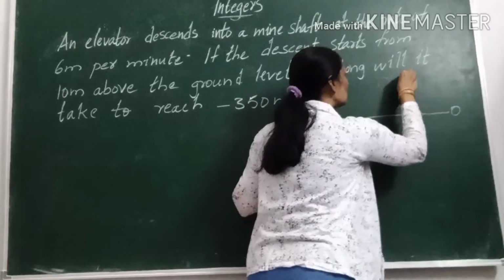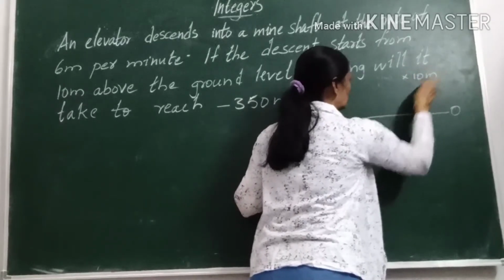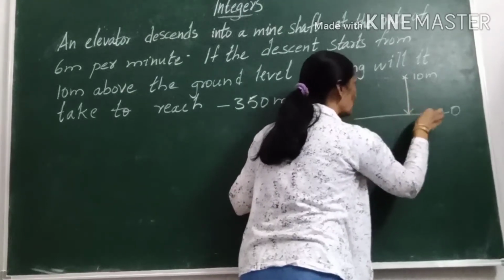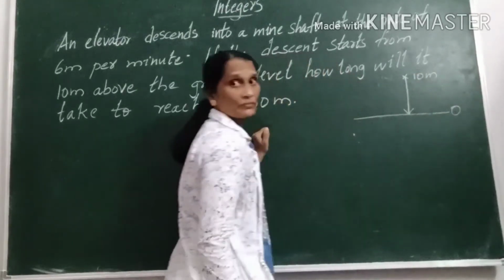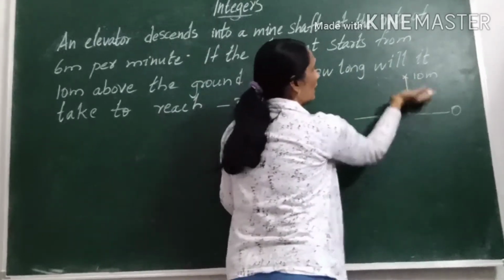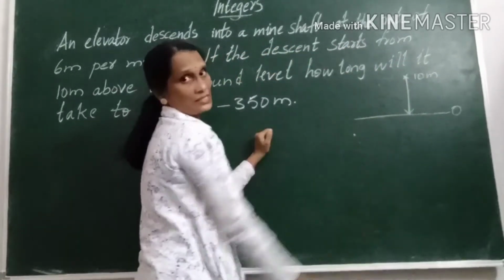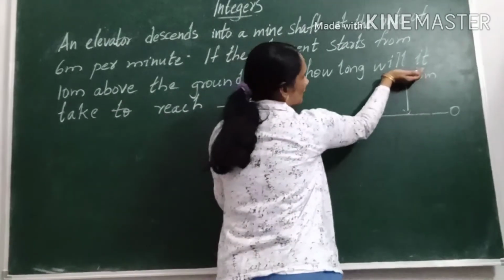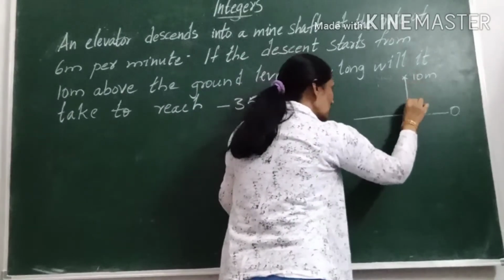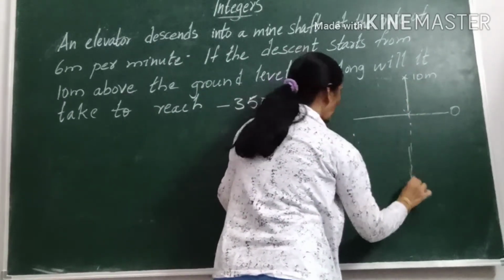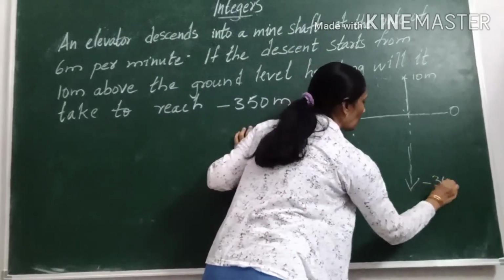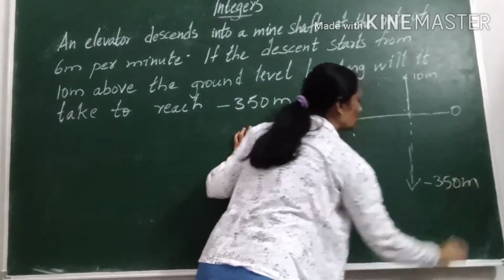And 10 meters above means here. Above means plus, isn't it? So let it be 10 meter. And it is coming down. How many meters does it come? Minus 350 meter. Okay, it reached minus 350 meter.